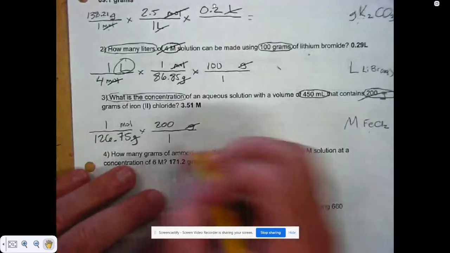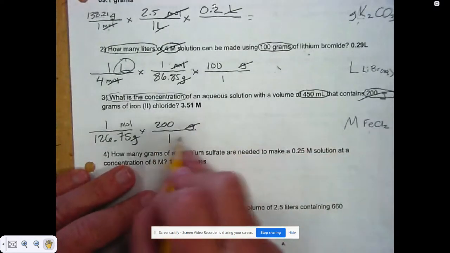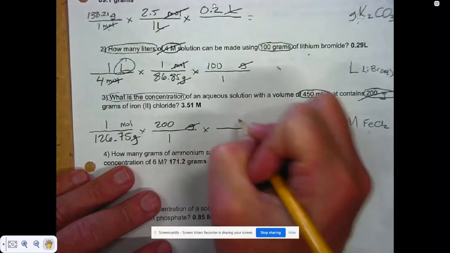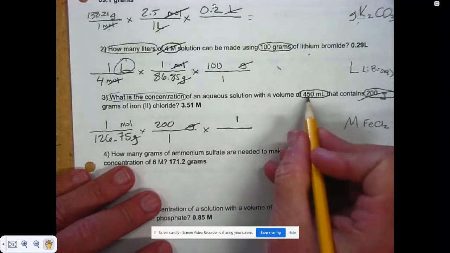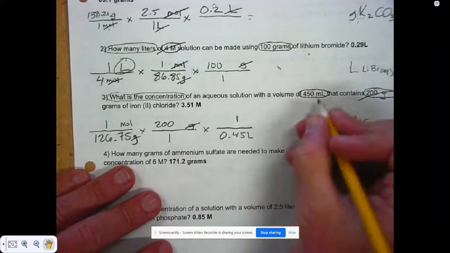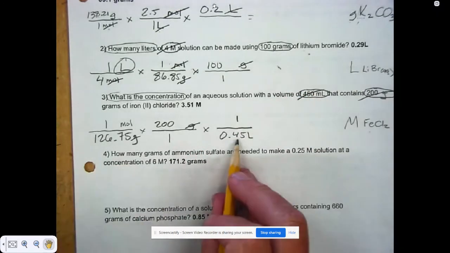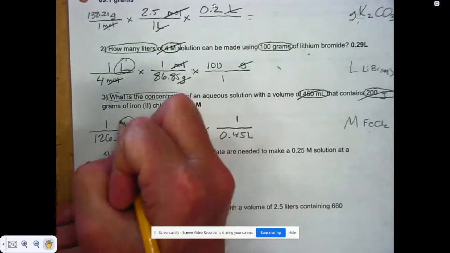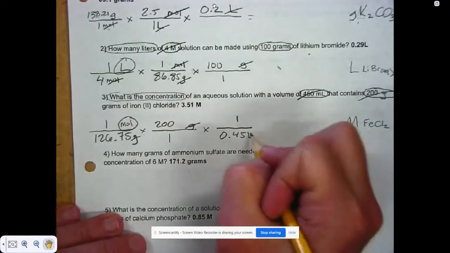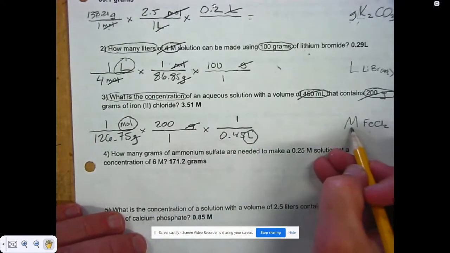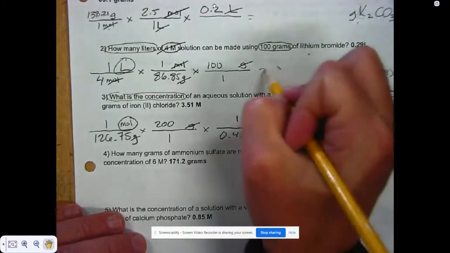So what I can do, I can either put my volume of my solution in liters down here, or I can put it down here. It doesn't matter in this reciprocal. I'm going to say that we need 0.45 liters of solution. And I need liters on the bottom, so I put it on the bottom. Now the only units that are left are moles, which are on top, and liters, which are on the bottom. So that's what we want right there.